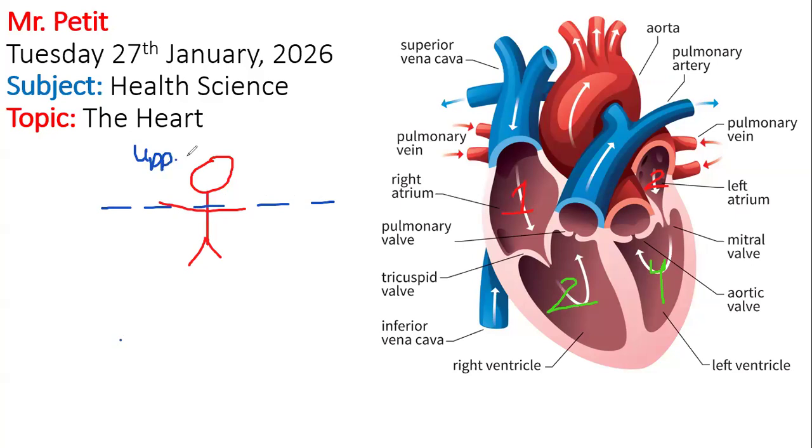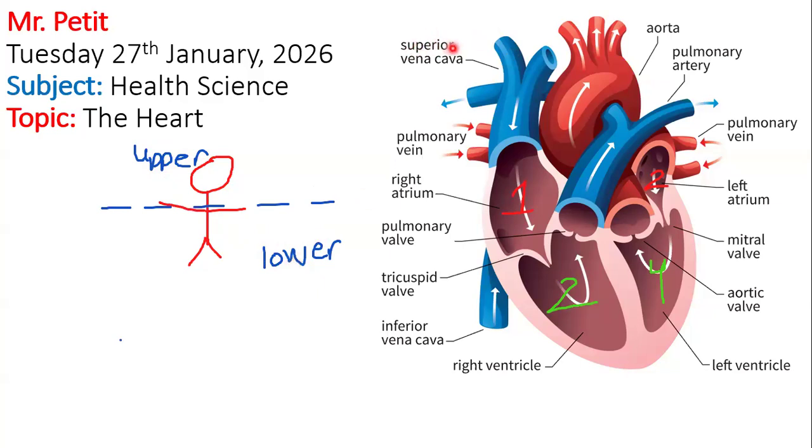The transverse plane is able to cut this human into the upper part and the lower part. What plane does that? The transverse plane, this plane right there. The upper part we call the superior, and the lower part we call the inferior.